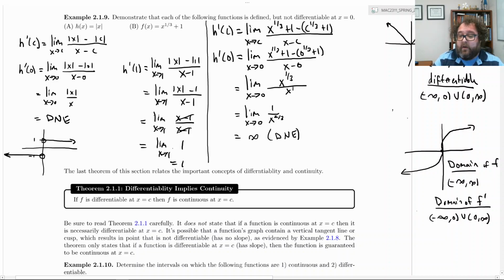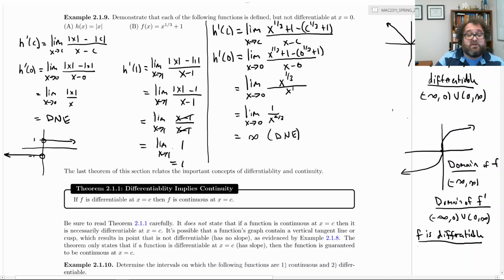Okay, so where is it differentiable? Actually, I should say f. f is therefore differentiable on the intersection of the domain of the derivative, all real numbers except for 0, and the domain of the original, all real numbers.